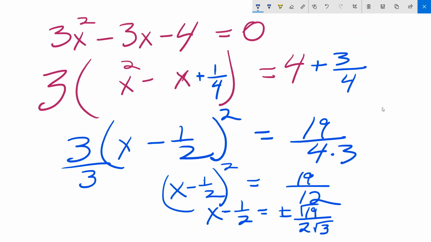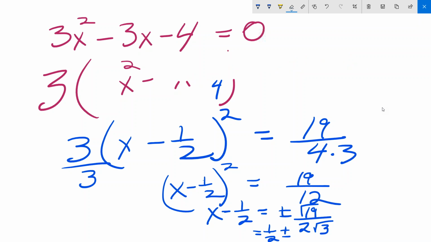And your answer would be x equals 1/2 plus or minus square root 19 over 2 square root 3. Well, not quite. But yes, actually that is in my book, that's an acceptable answer.